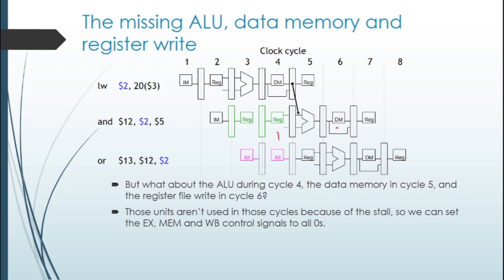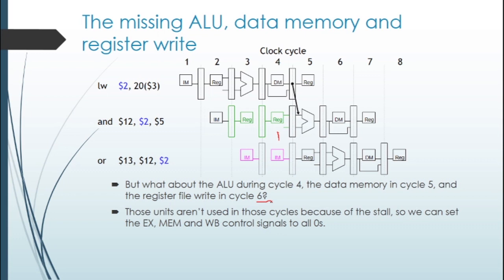What are these modules doing in these stages? Obviously they have to do nothing, because it's actually a bubble that is moving to the next clock cycles. So the ALU is doing nothing in cycle 4, data memory is doing nothing in cycle 5, and the register file is doing nothing in cycle 6.